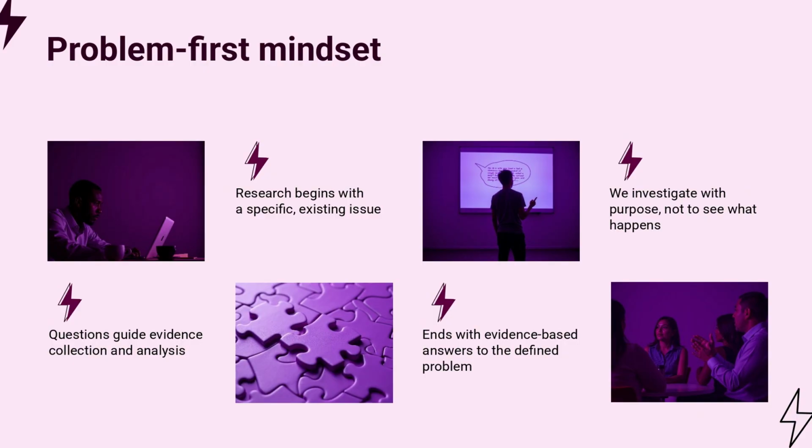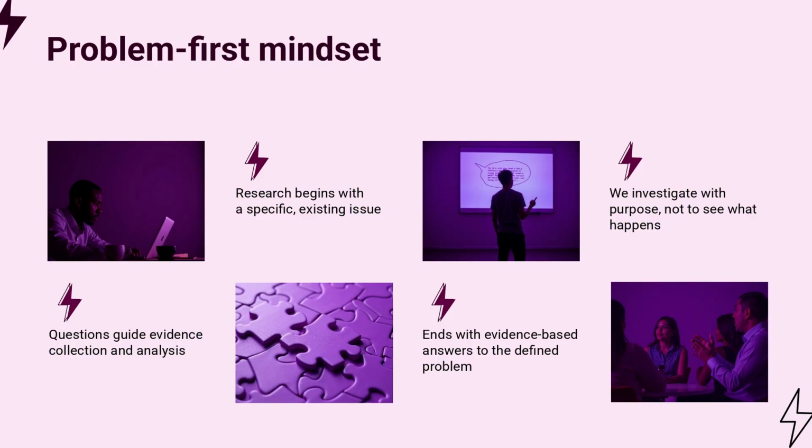The doctor then runs tests and proposes a solution. Similarly, in research, you already have an issue identified, say, low agricultural yields in your region, and your study seeks to understand why that is happening and what could be done about it. Research is purposeful. It starts with a question and ends with evidence-based answers.